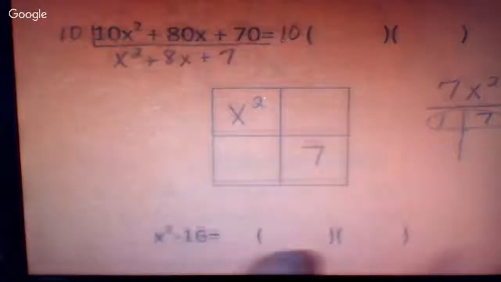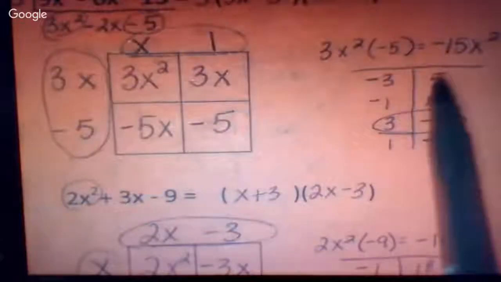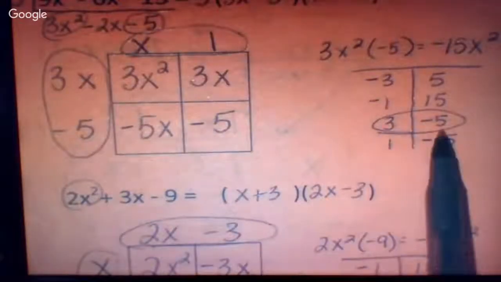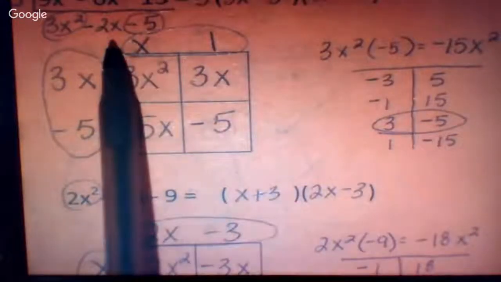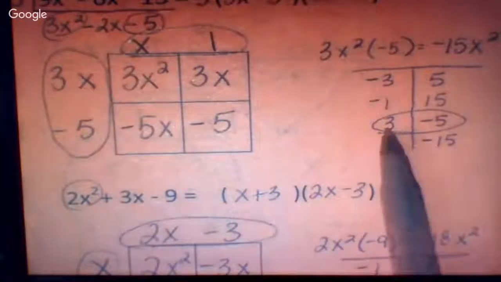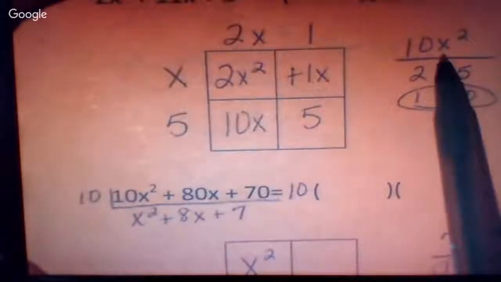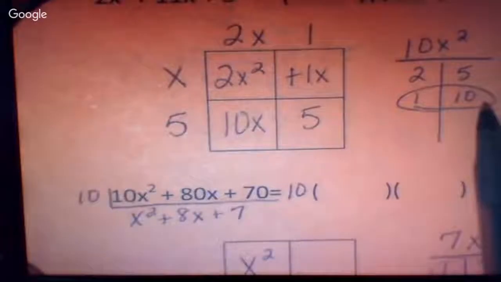Over here, when we had negatives, they still had to go together to give me this middle term. You just had to figure out which one of them was negative. But because we're now dealing with a positive 10, they're just added together.